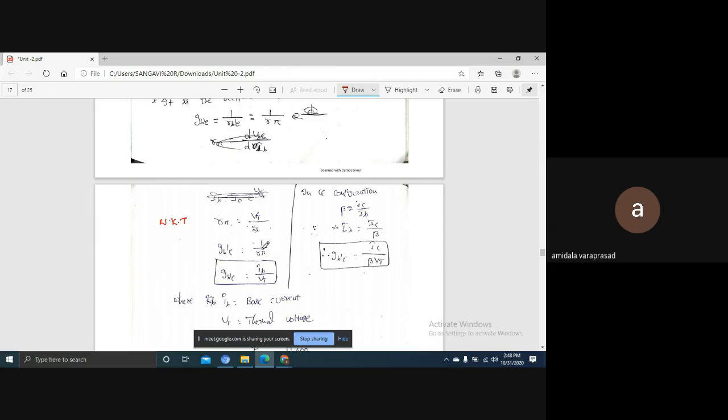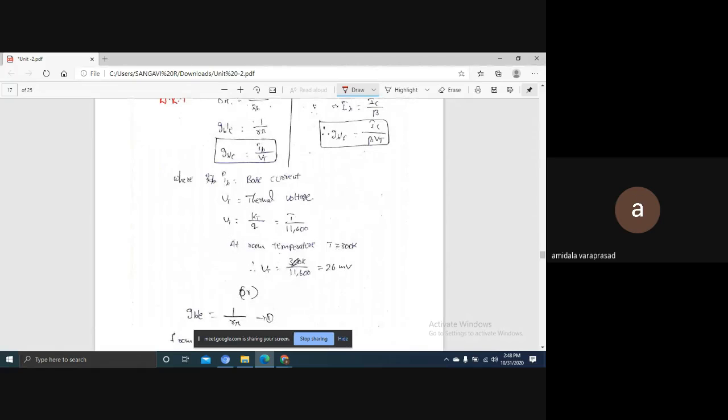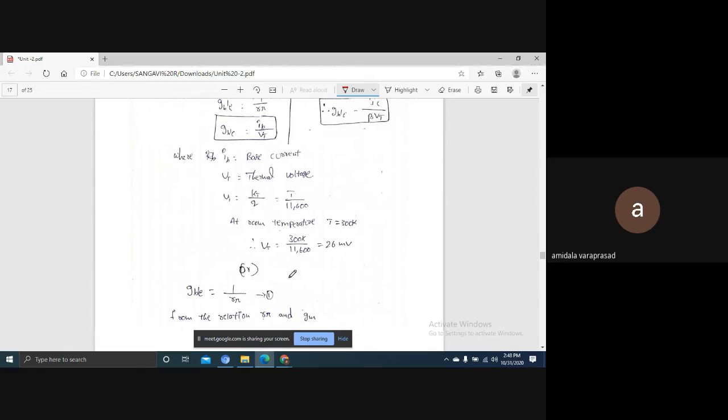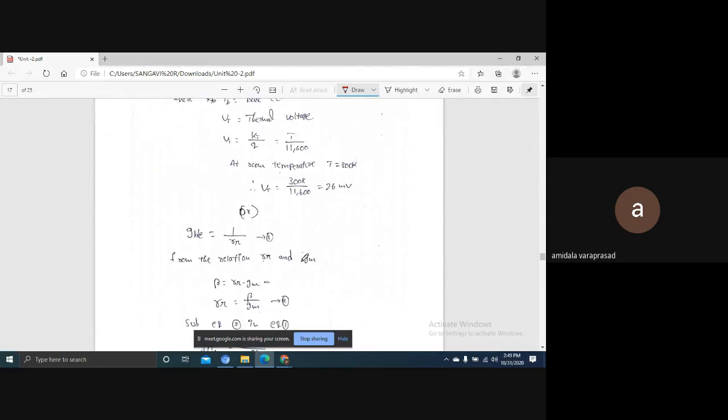IB will come in the numerator. IB is the base current and VT is the thermal voltage. At room temperature we know these values.